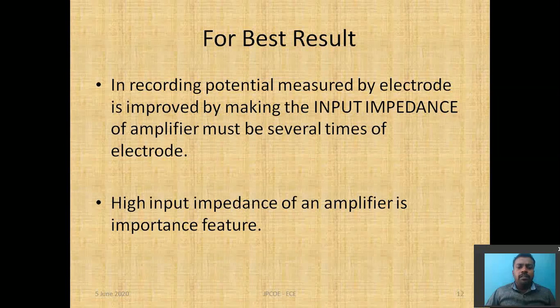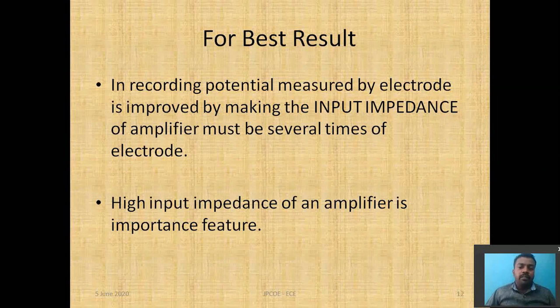Recording a biopotential with an electrode is improved by making the input impedance of the amplifier several times that of the electrode. Consider an amplifier. Its important feature is the input impedance. If it is a very good amplifier, the input impedance should be very high, several times higher than the electrode impedance.